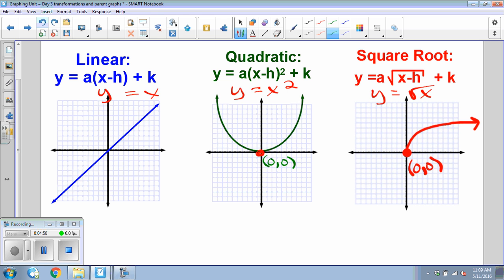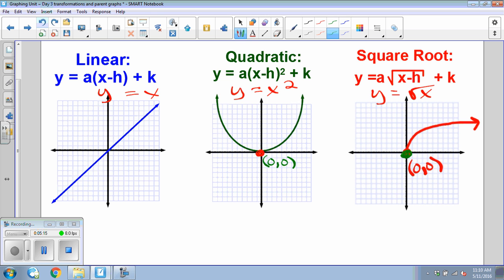But with square root, that starting point is still at 0, 0. Okay? It's still at 0, 0. And the reason why I'm saying this is because if you're given two graphs of two square roots and I ask you what happened from the original to the new, and you don't have the equations, you're going to look at those starting points and that's what you're going to compare to see how did it get shifted.